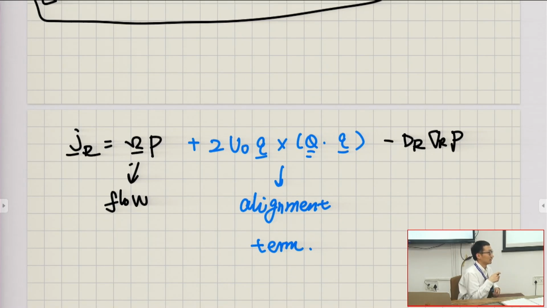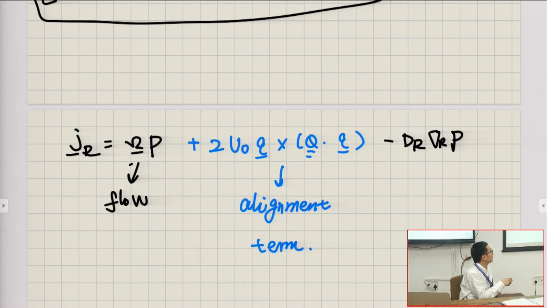A way to think about that is this tensor has principal directions, these eigenvectors. Okay, correct? If small q is in one of the directions of the eigenvectors of the big Q, what happens?